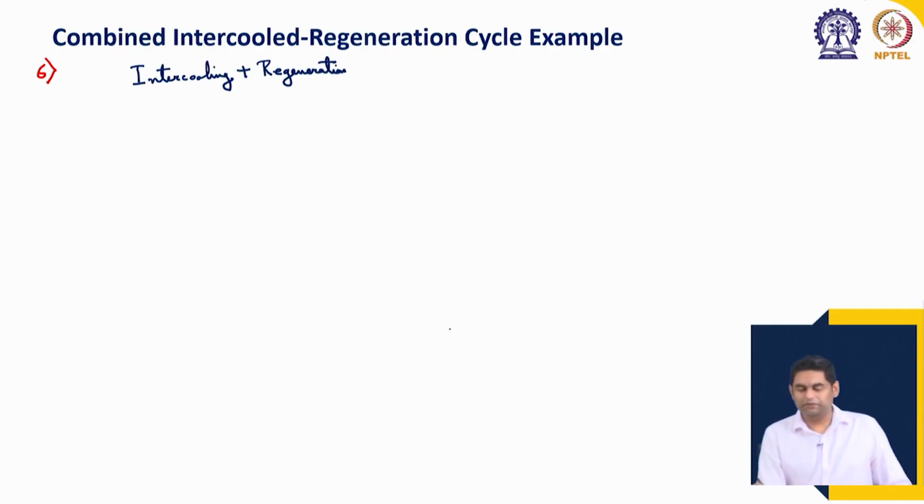All the conditions remain same. So, ambient temperature is 300 Kelvin. All these cases are all the conditions are same as the previous problem, except that we are now adding a perfectly effective regenerator, means regenerator with effectiveness equal to 1.